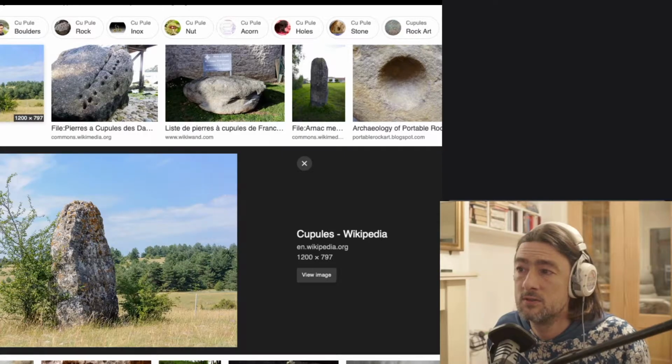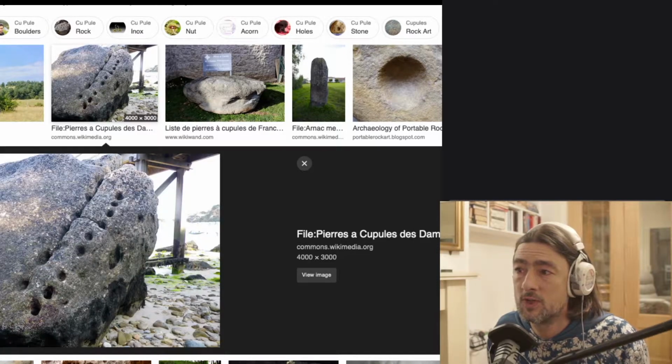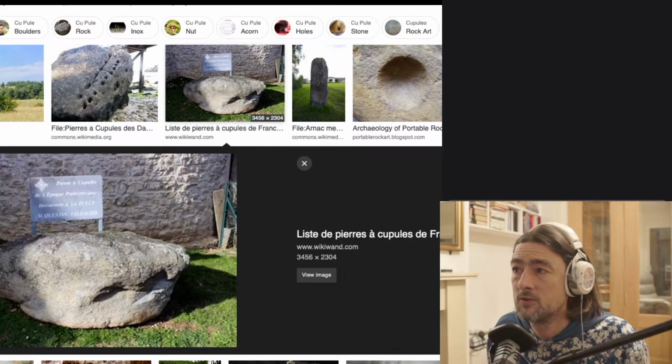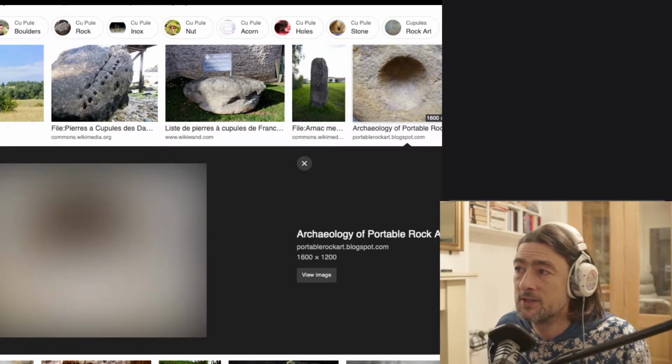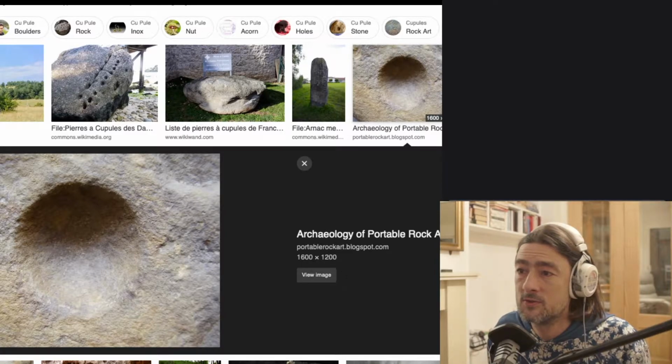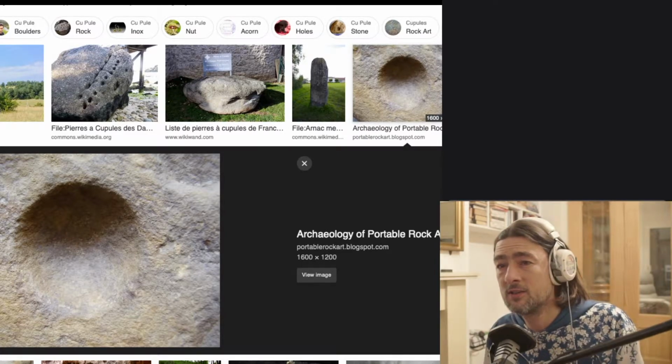This is a great big old prehistoric stone that was put there. It's got the cupules. They're engraved on these prehistoric stones. Big ones on the bottom of this big old stone. I think they're in France. That's another one. Definitely, deliberately carved.